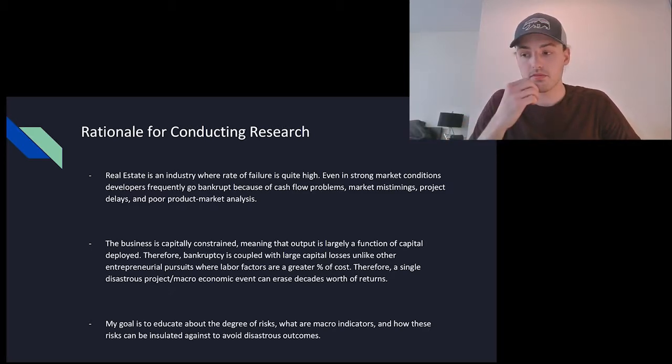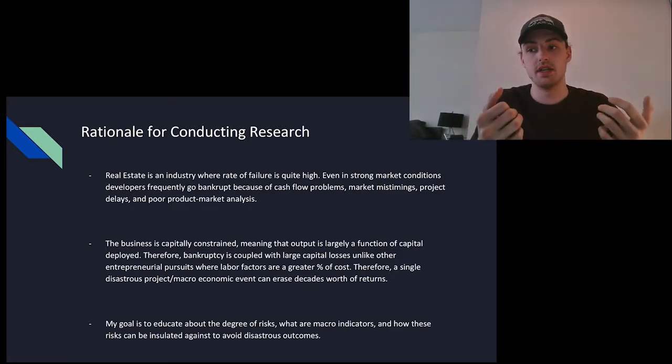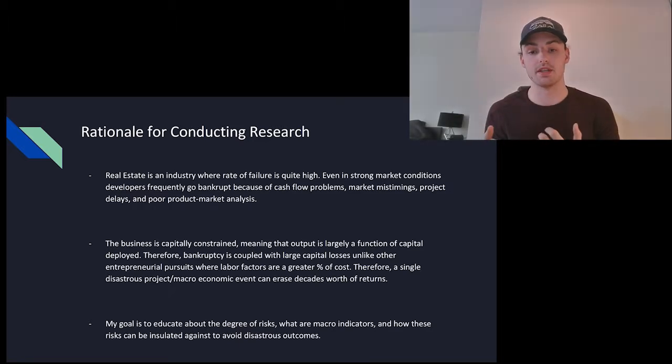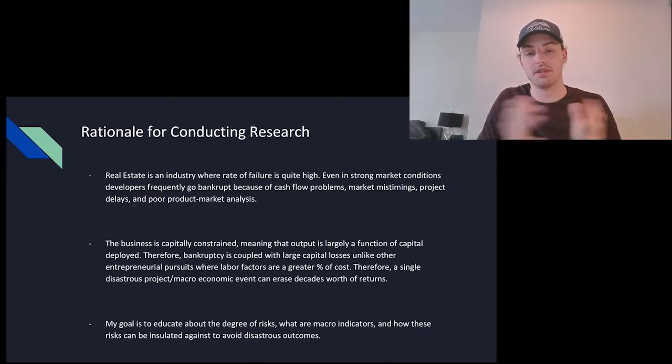Why this matters is that during contractionary events and stressing events, you can have asset prices collapse. You can have liquidity freezes within financing markets, and because your business is capitally constrained, you could face insolvency because you just don't have the cash to meet your long-run obligations that are absolutely necessary.